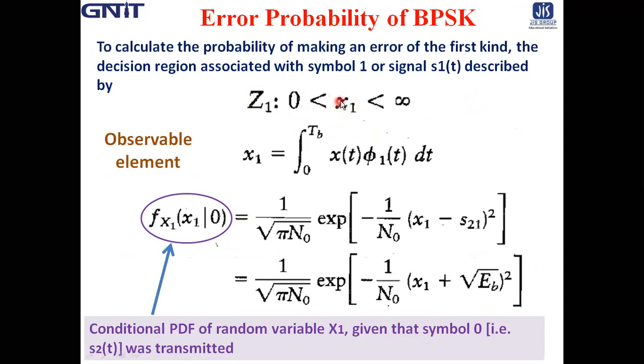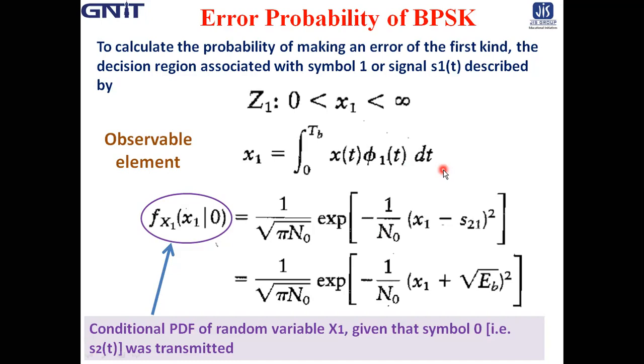And the observable element is x1, which is related to the received signal x(t) as x1 equal to the integration from 0 to Tb of x(t) phi1(t) dt.